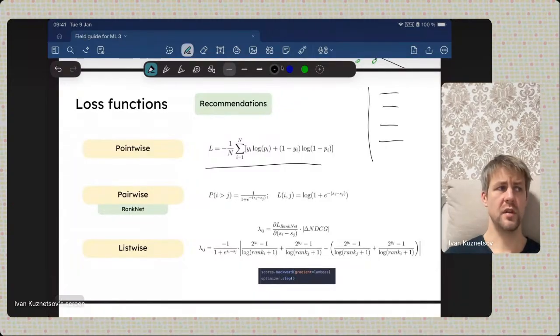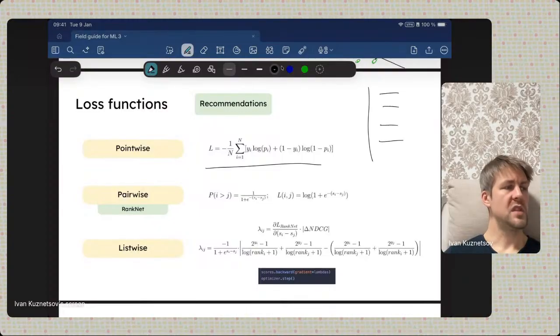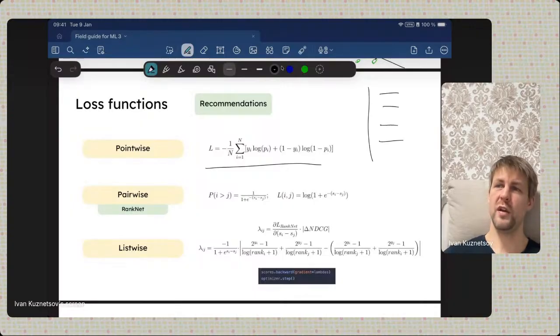So for example, if you just need to select one item out of many items and you're selecting those independently, then you can do that. But when the whole list is important, you probably cannot use that, and you need to choose something more sophisticated, like for example pairwise loss or a listwise loss.